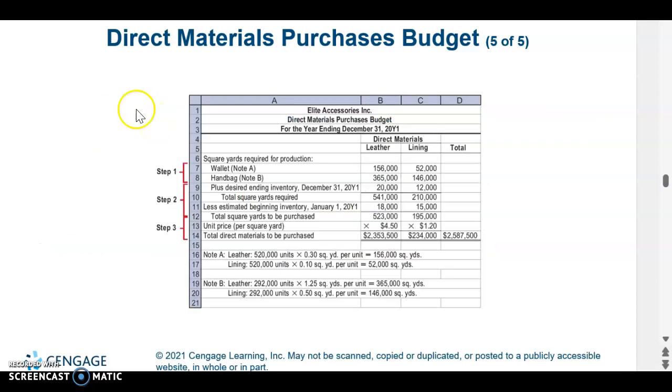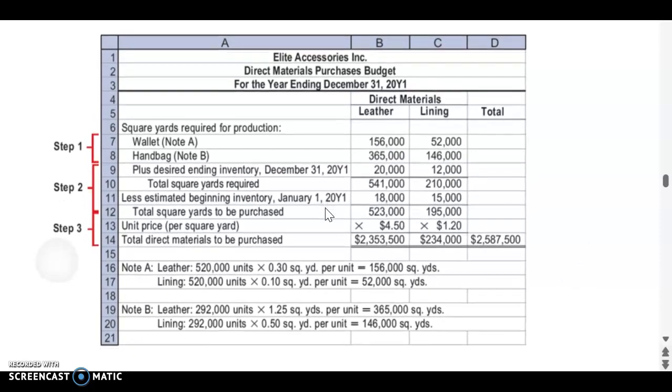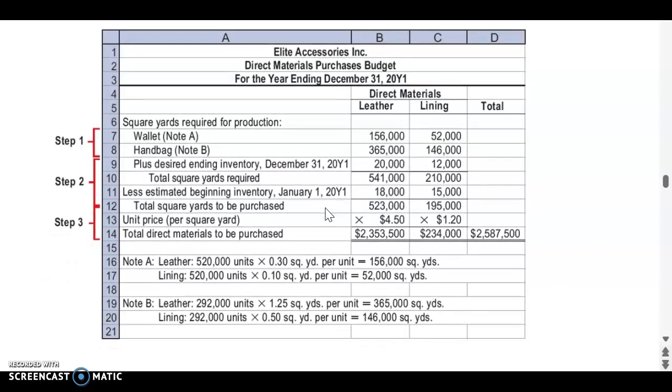So for the materials, we break it into leather and lining and square yards required for production. For the wallet, it's 156,000, and for the handbags, it's 365,000.